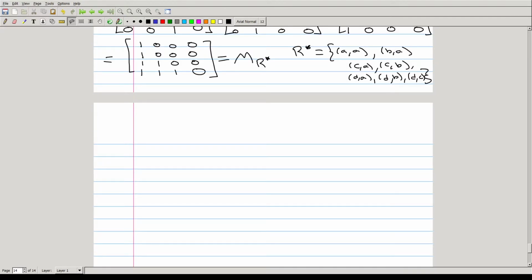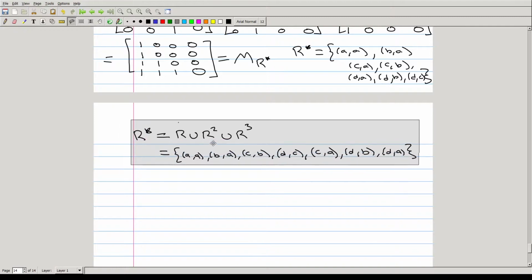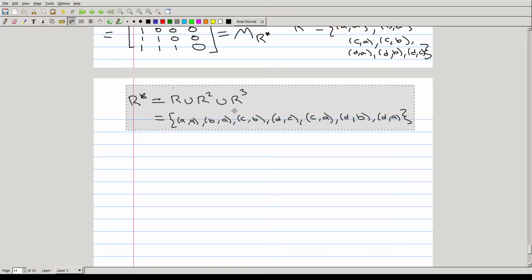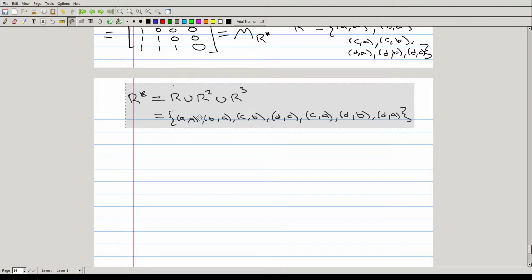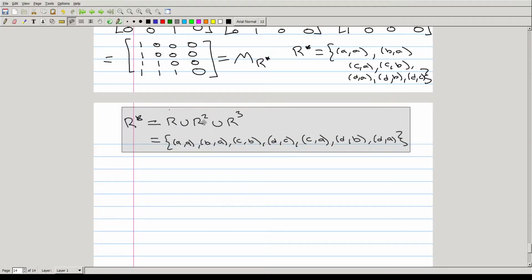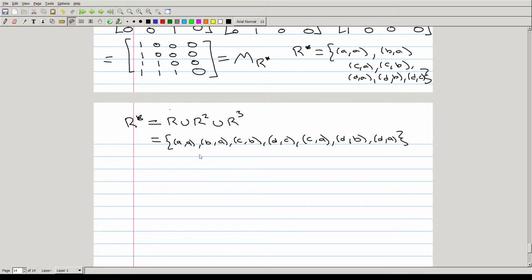In fact, if you remember one of the examples from the beginning of composition, this relation is exactly what we found to be the transitive closure relation for the relation R that this matrix is coming from, where I've translated from the notation used in the other example, which was 1, 2, 3, 4, to just A, B, C, D, because I think it better shows what exactly we're doing here with the relation.